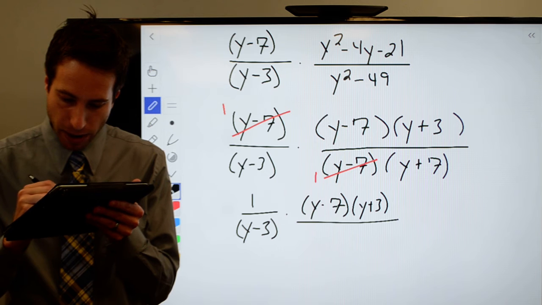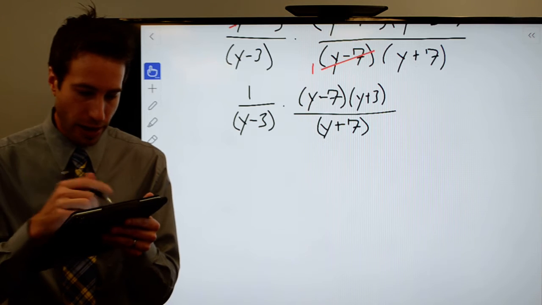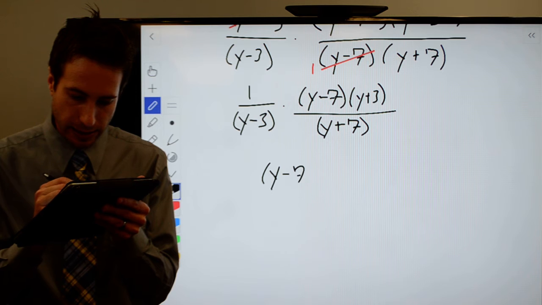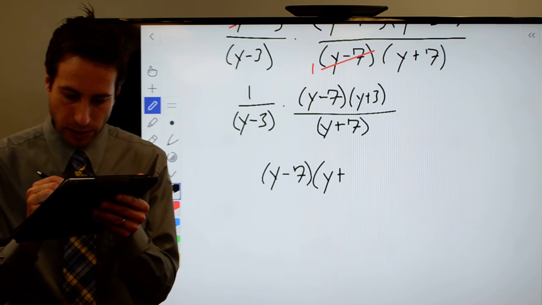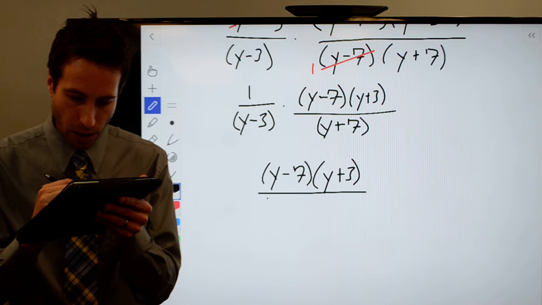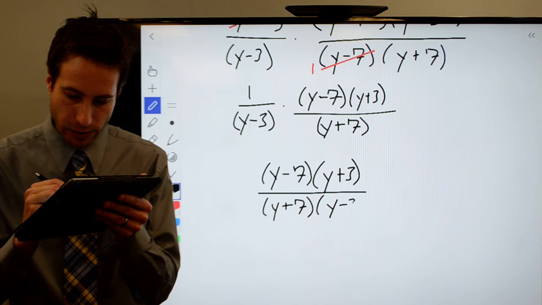In the bottom, y plus 7. Go ahead, multiply the numerators, multiply the denominators. So (y minus 7)(y plus 3) all over (y plus 7)(y minus 3).